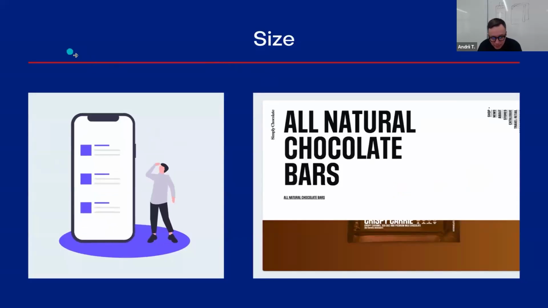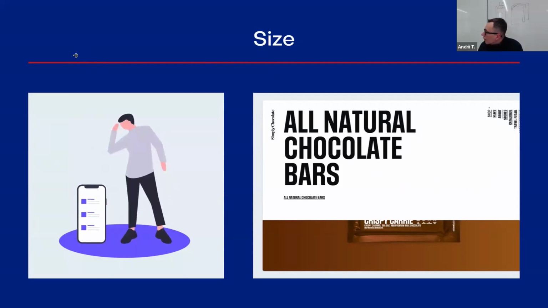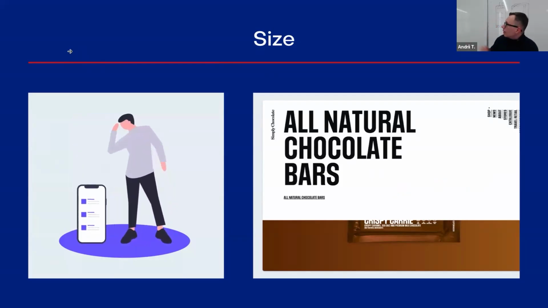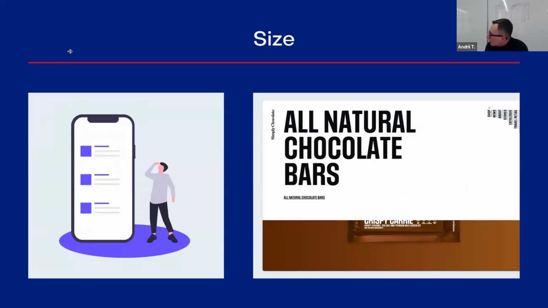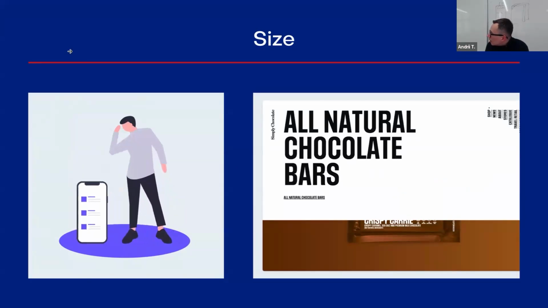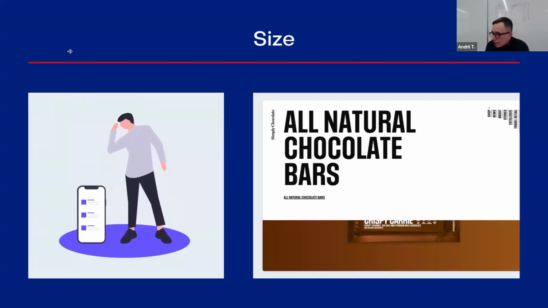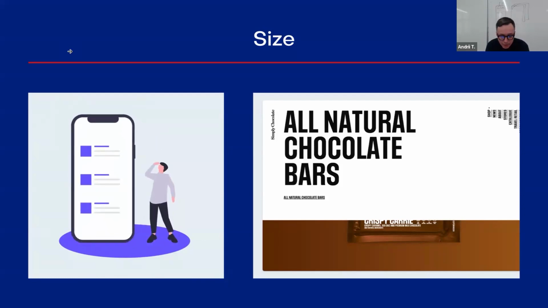And let's see a couple of examples of how the visual hierarchy works. You can see on this animation how our point of view changes depending on the size of elements. So we switch from this man to the phone and so on.